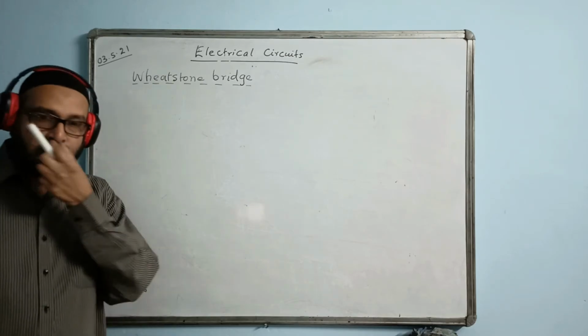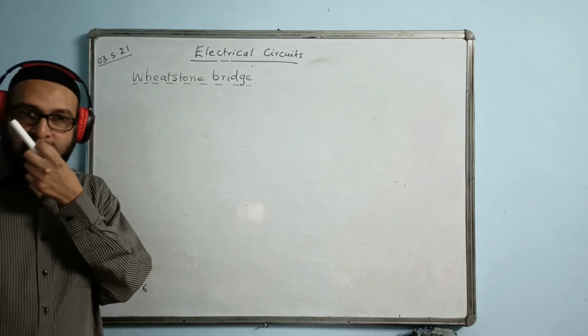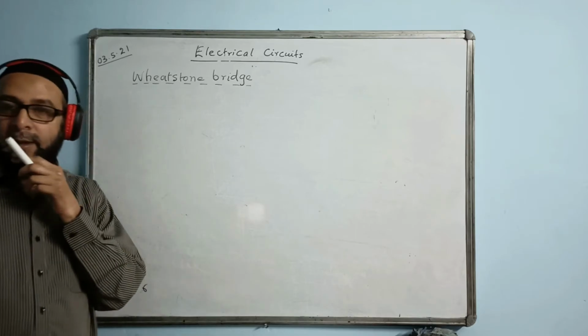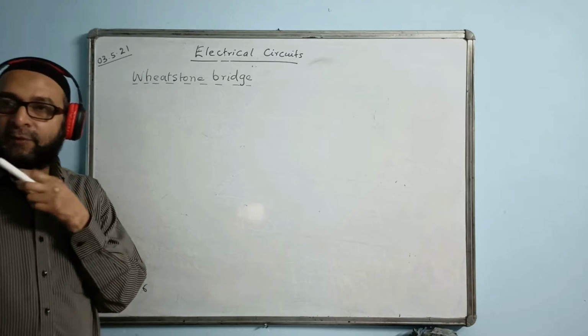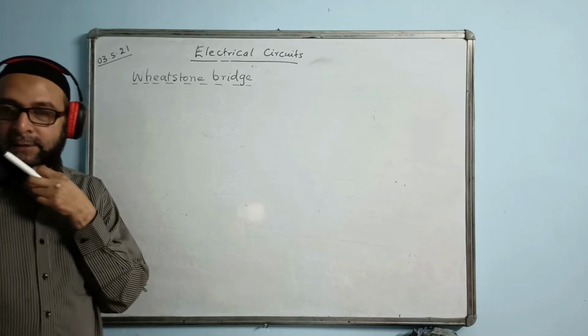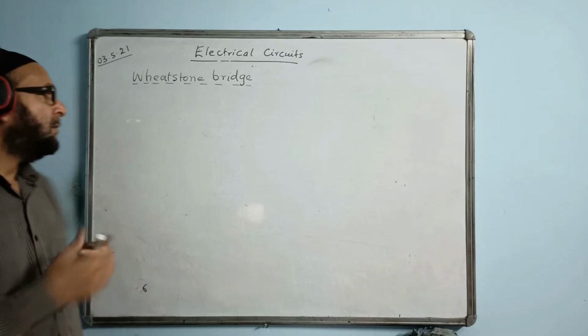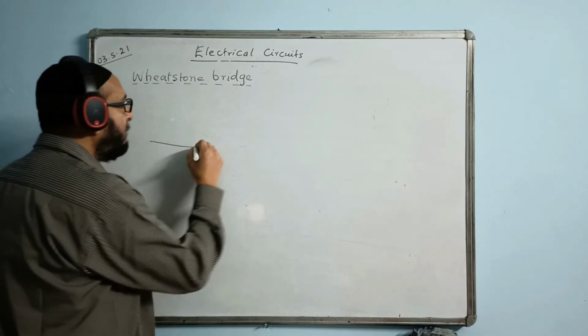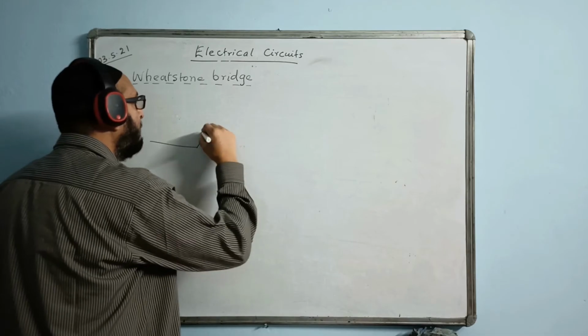What is the Wheatstone Bridge? It is an electrical circuit, a kind of circuit of 4 resistances. You can draw the circuit of the Wheatstone Bridge this way.